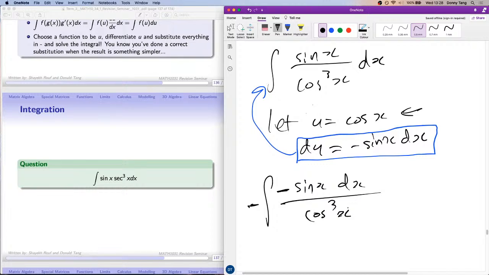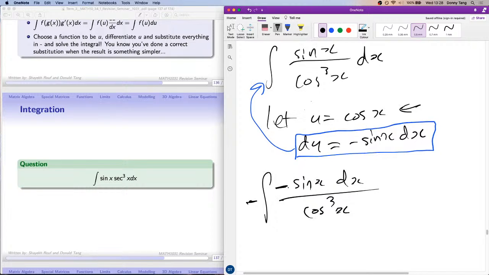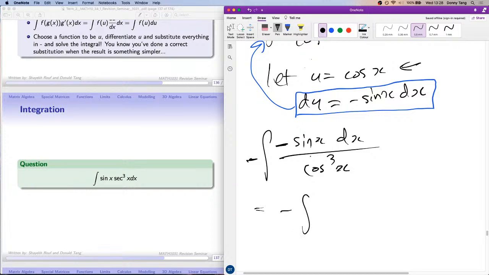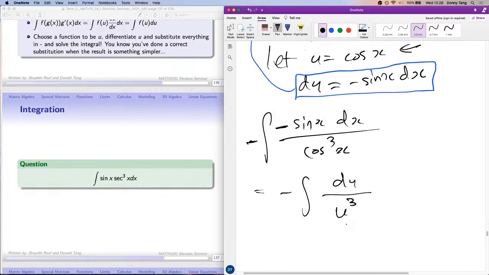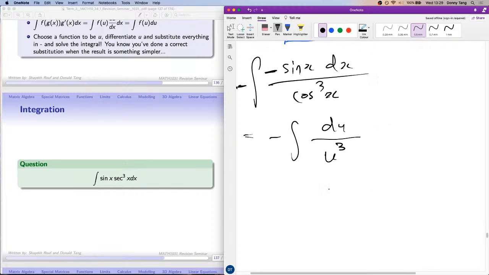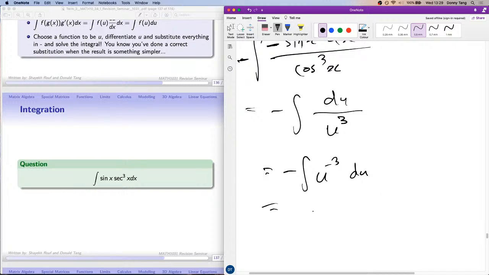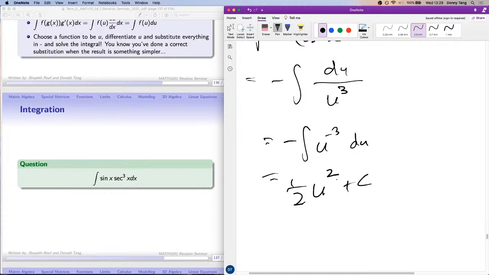And now substitute everything in. So in this case, we have negative, this becomes du, so it becomes du on, and what is cosine x? Cosine x is u, so it's going to be u cubed. And that's going to be our final integral, all right? We should already know how to integrate this because this is just negative integral u to the power of negative 3 du. And this is going to be half u to the power of negative 2, plus c.